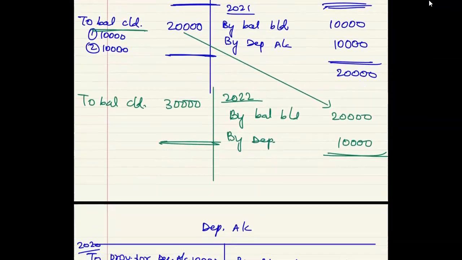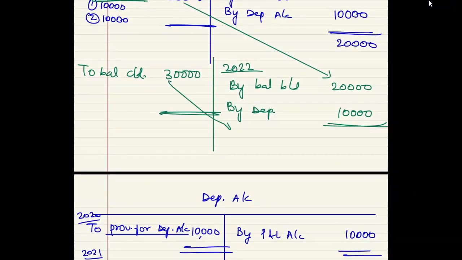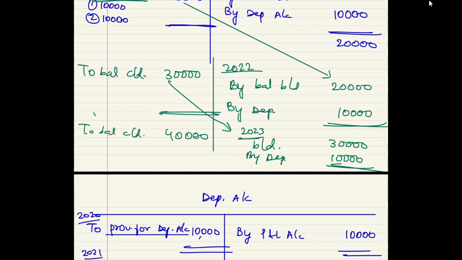In your provision for depreciation account, again in 2023, the balance brought down will be 30,000. Current year depreciation will be charged at 10,000, and the total balance which will be carried forward would be 40,000. But technically this asset is now over.